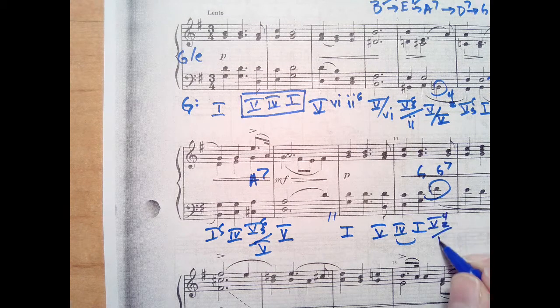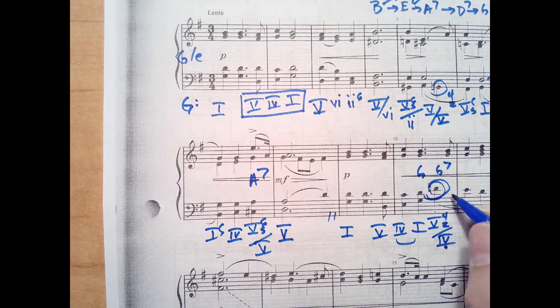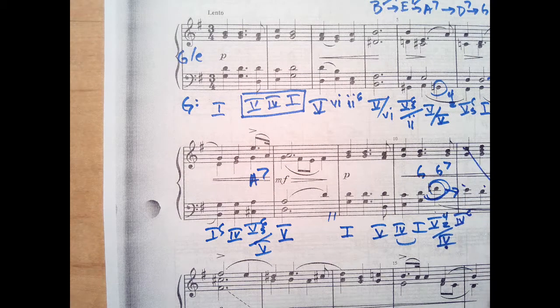G is 5 in the key, C is 4 in the key, 5, 4, 2 of 4. 4, 2 means the 7th is in the bass. That means our resolution will be first inverted. And here, do you see how this goes C, D, E, E, D, C with a voice exchange and a passing 6, 4? This is 4, 6, 4 to 4 in root position with a passing 1, 6, 4 in the middle.